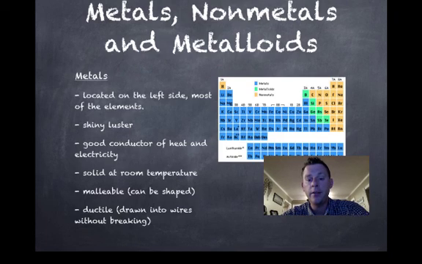They're shiny. If you have a brand new quarter or a brand new penny, it's shiny, okay? They're a good conductor of heat and electricity. When you charge your cell phone, inside of your cord, it's metal wiring, and that's going to provide electricity to your phone to charge.